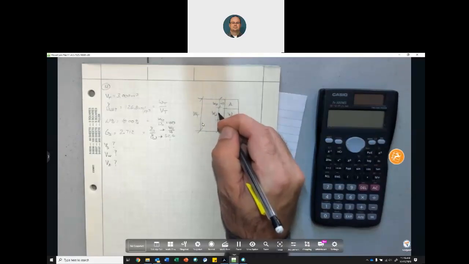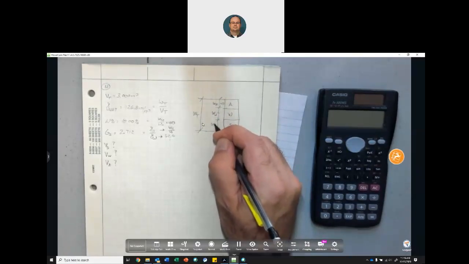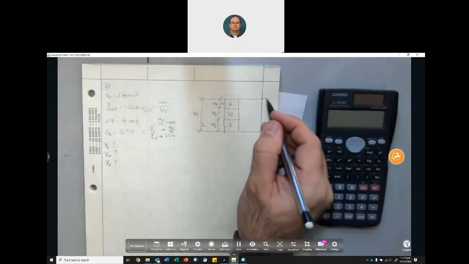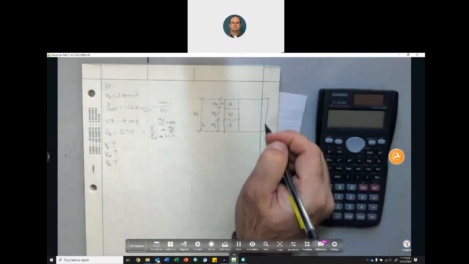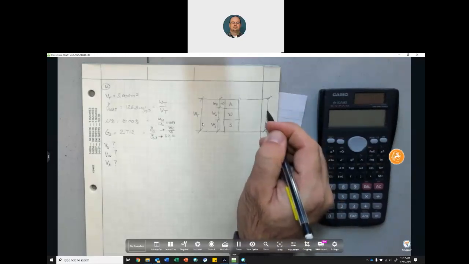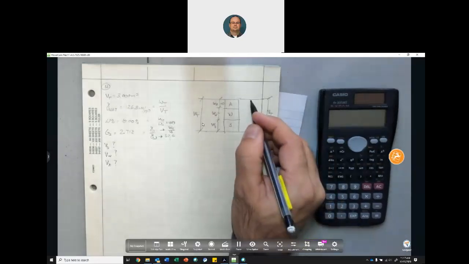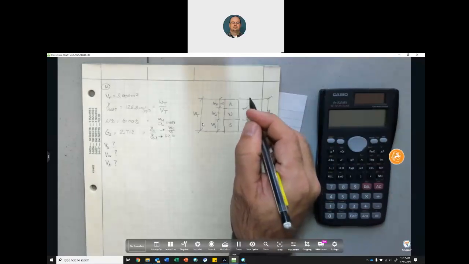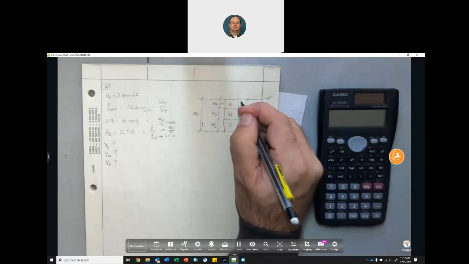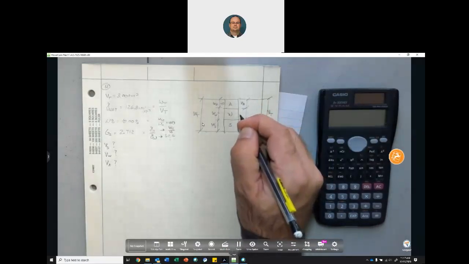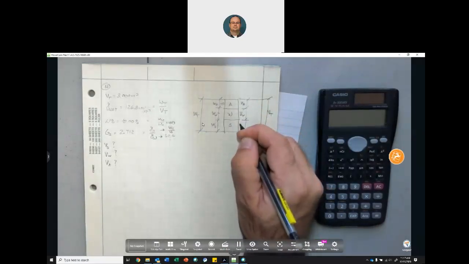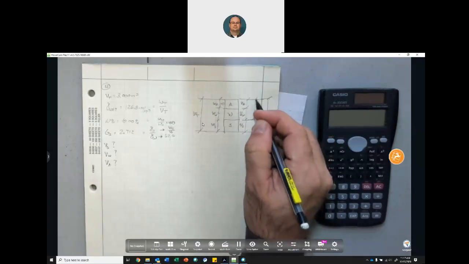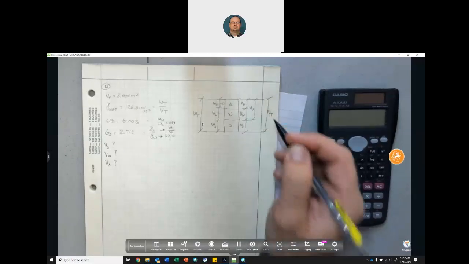Weight of water. Weight of solids. And then we have our volumes on this side. Total volume. Volume of air. Volume of water. Volume of solids. And then we know this is volume of voids.